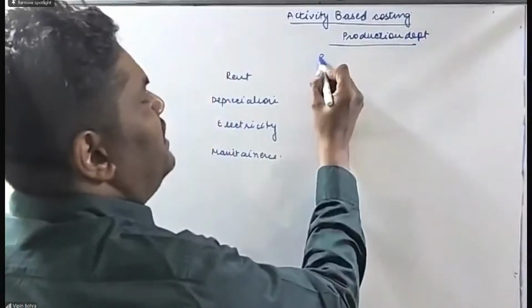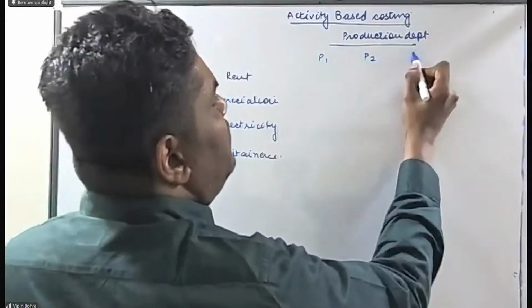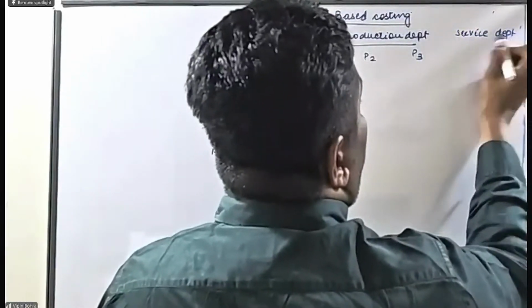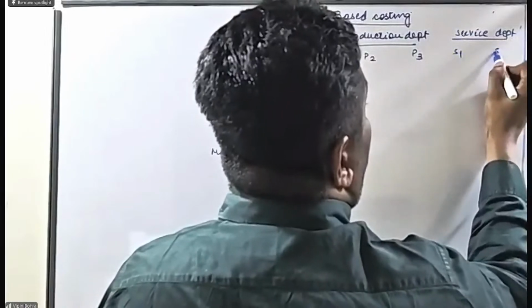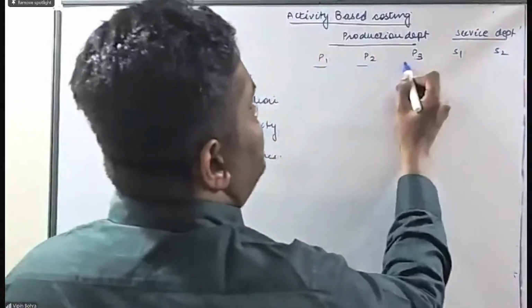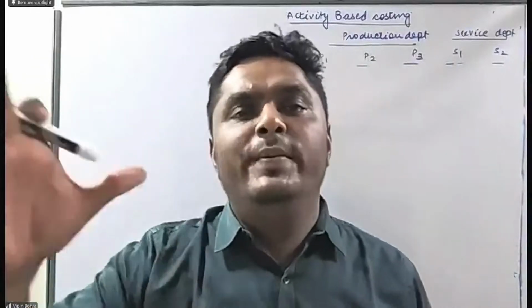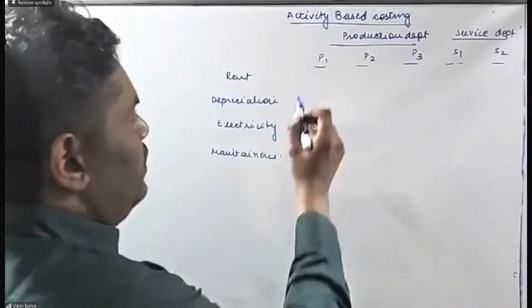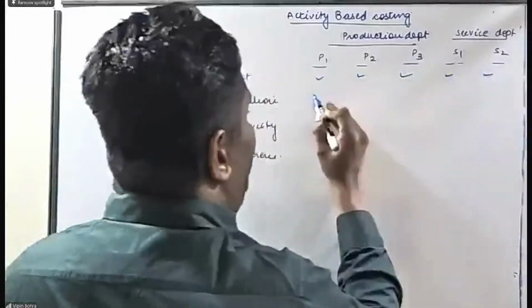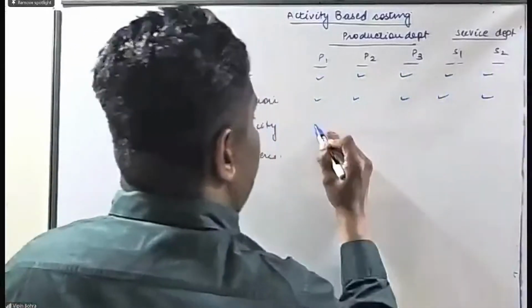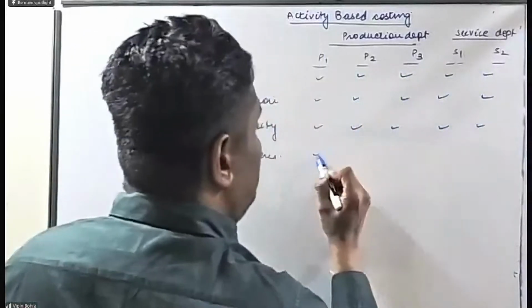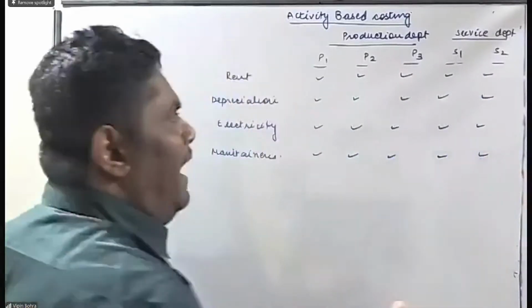Let's say there are three production departments, P1, P2, P3, and two service departments, S1 and S2. You used to distribute the overheads to the various production and service departments, either allocation or apportionment, whatever it is.